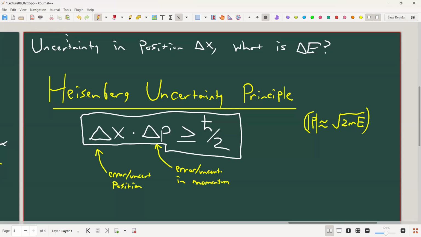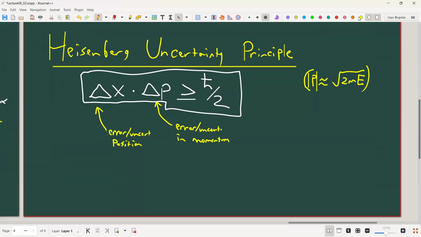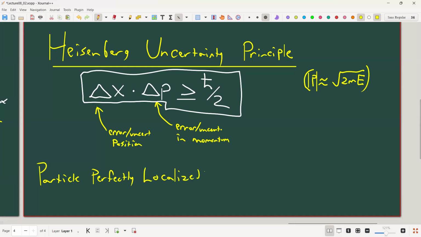A particle that's perfectly localized would look like this in x, where it's 0 everywhere and then suddenly there's a spike at one point.